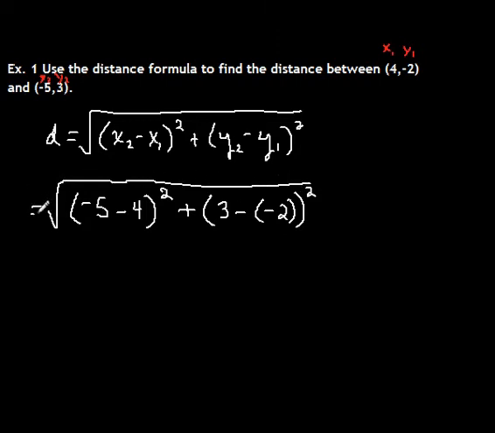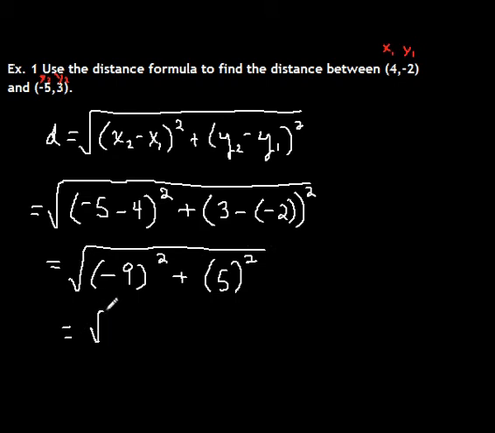And we would get distance equals the square root of negative 9 squared plus 5 squared, which is 81 plus 25. And the distance between those points is the square root of 106.